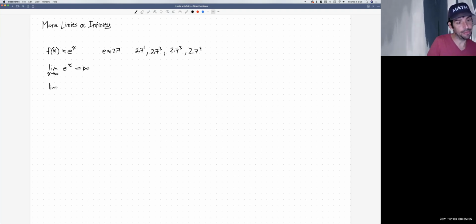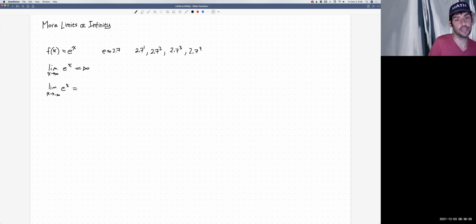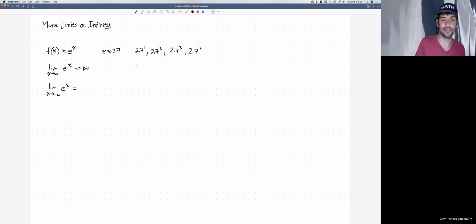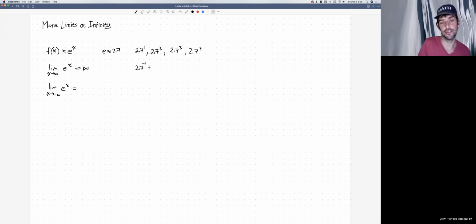What about in the opposite direction? In the opposite direction, so to negative infinity. Well, let's think through it in the same way. If we have 2.7 to the negative 1, this is just 1 over 2.7.